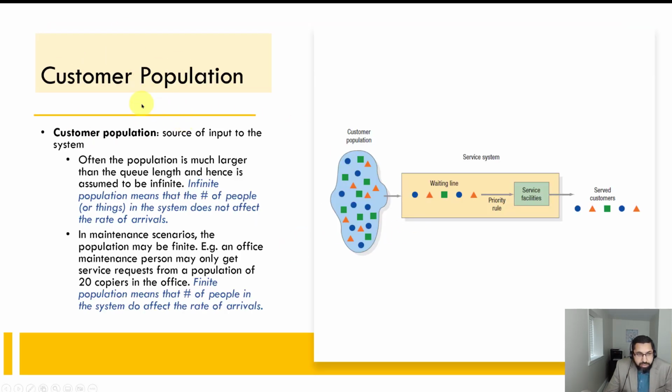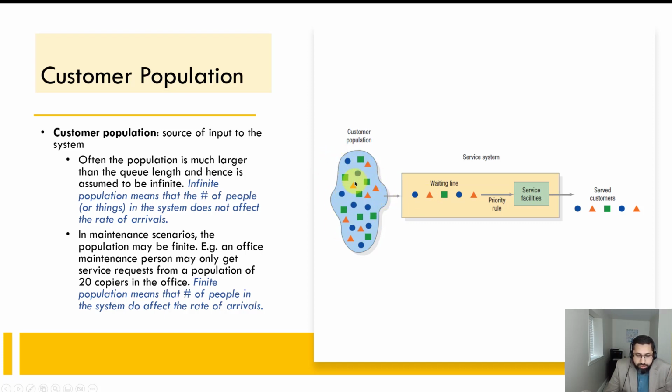So let's look at these elements. Customer population is the source of input to the system. So if this yellow box here represents our system, then the population is the possible units or customers that can enter our system.